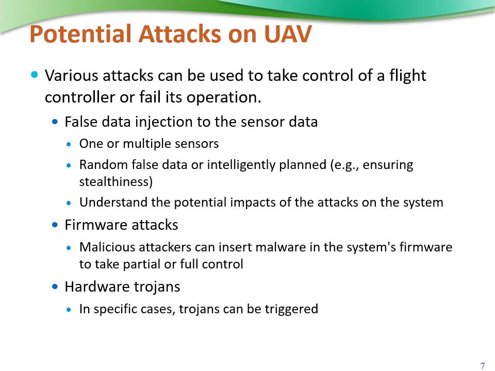The second kind is firmware attacks. Malicious attackers can insert malware in the system firmware to take partial or full control. In this case, they can modify the input and output of the controller to achieve their goal. The last kind is hardware Trojans, as we discussed initially.